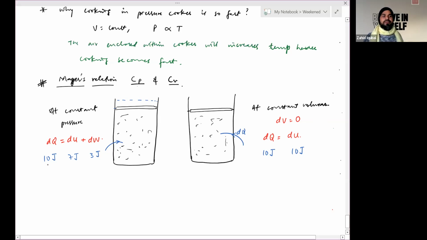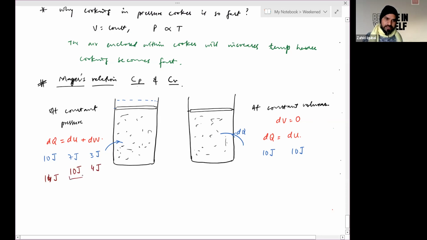So initially for 10 joule, 7 and 3. So if you have applied 14 joule, this will become 10, and let's say this will become 4.